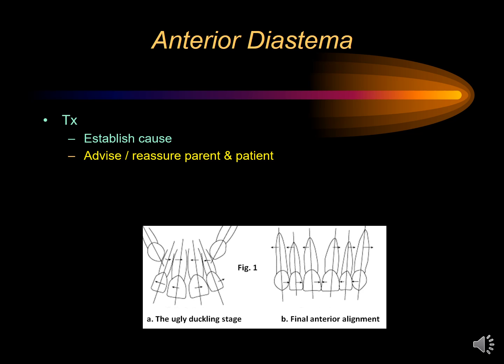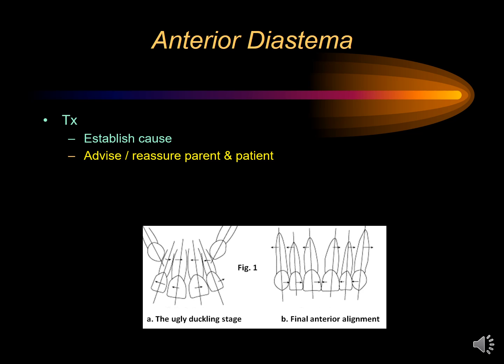Now, the ugly duckling stage is caused by this. If you look at this diagram, the canines are not erupted yet. They are still lying high up in the alveolus, and the crown of the canine is in close relation to the roots of the incisors. This results in the roots of the incisors being brought close together and causes the crowns to move distally, which creates the diastema.